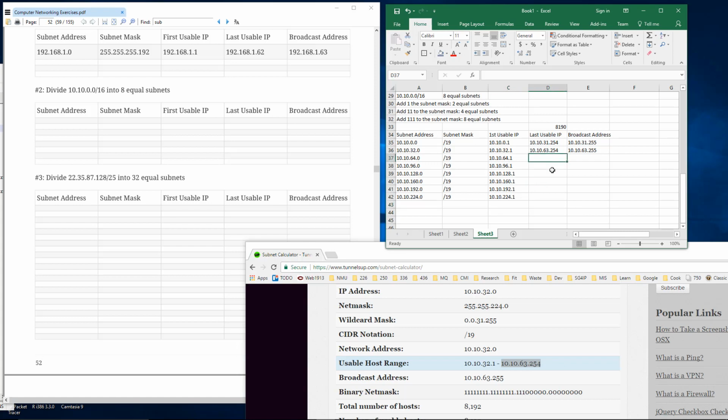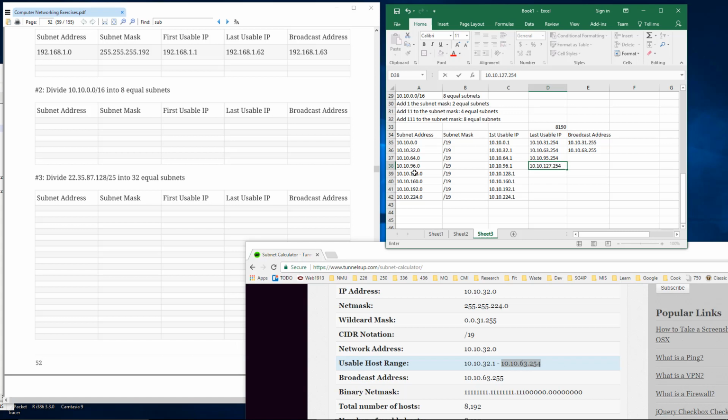And so my last usable IP address is going to be 10.10.95.254. I'm just adding 32 to 63. 10.10.127.254.